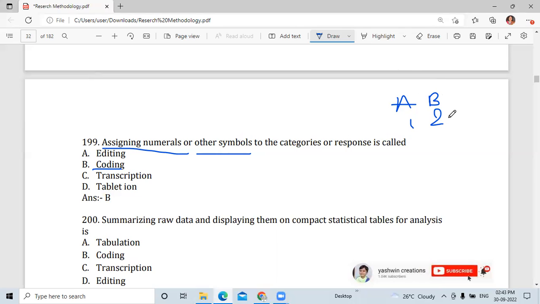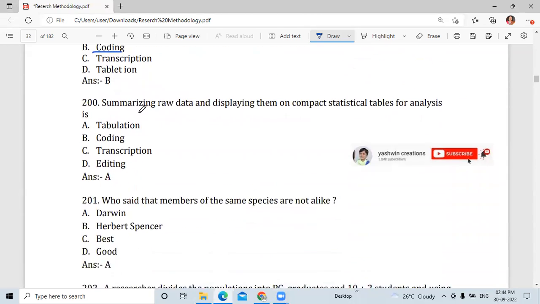For alphabets, we are giving some numbers. It may be numerals or any other symbol, for example a triangle or anything. Assigning numerals or symbols to the categories or responses is called coding.